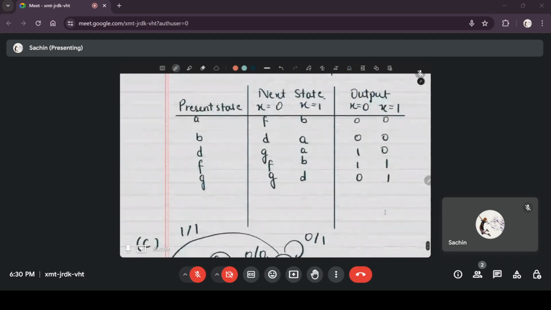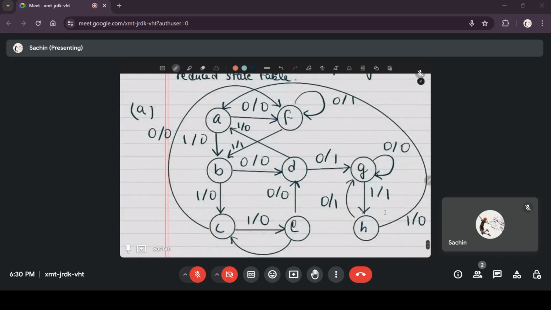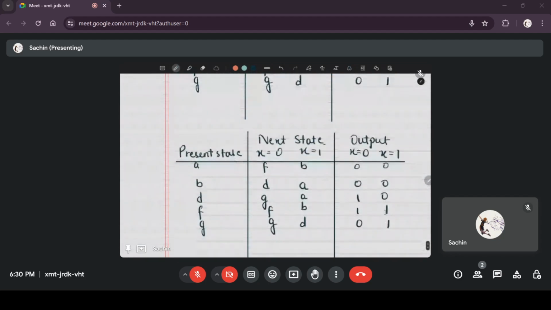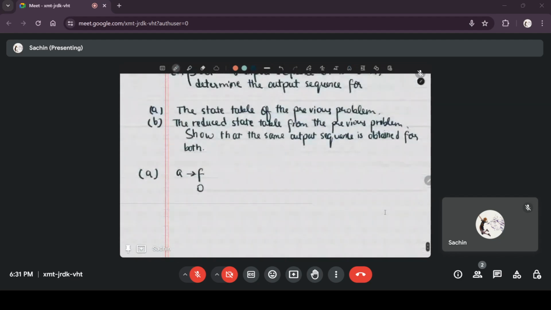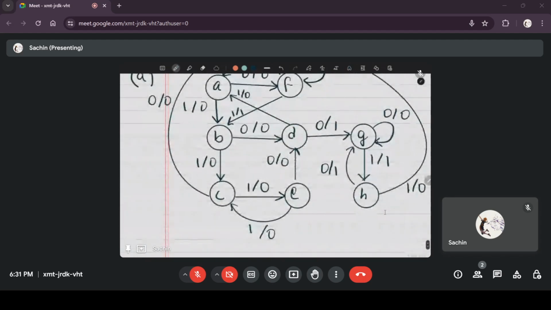Then there are three ones. If you give a 1, F goes to B with output 1. Then B goes to C with output 0.